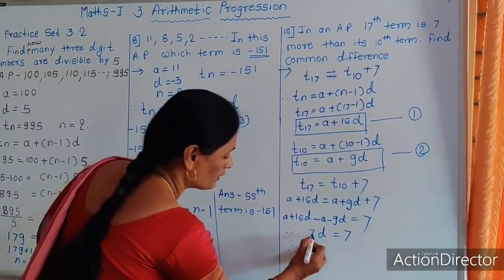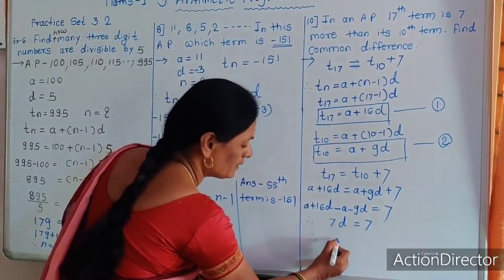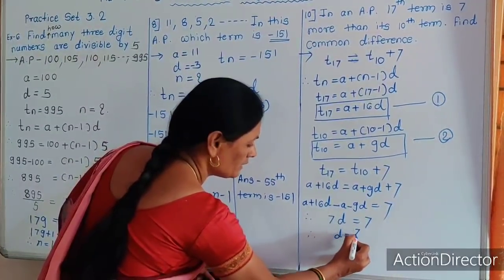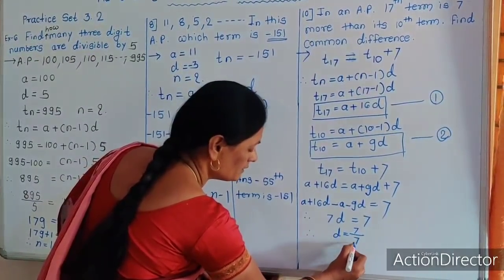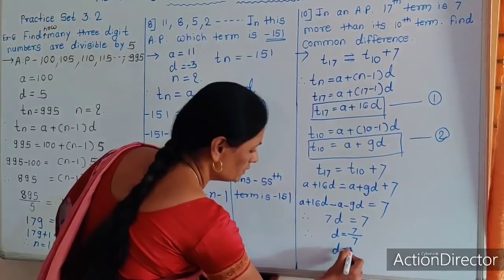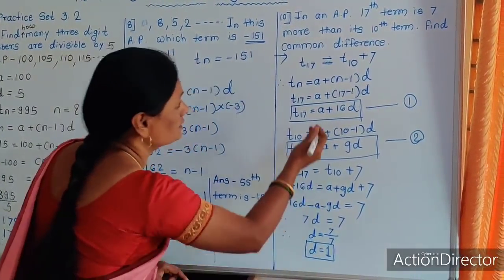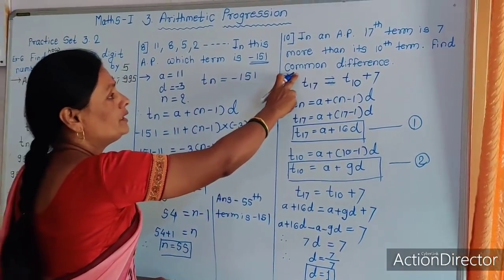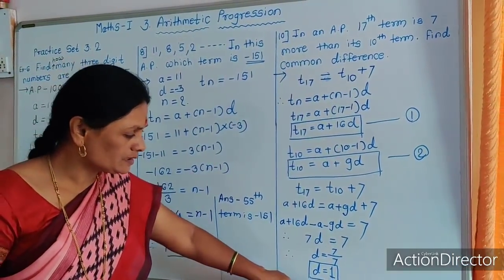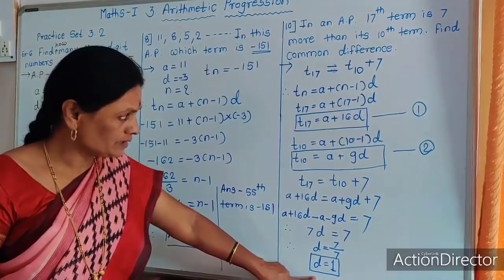The 7 that is multiplied becomes divide, 7 divided by 7. Therefore D is equal to 1. In our example, we had to find the common difference, that is the D.